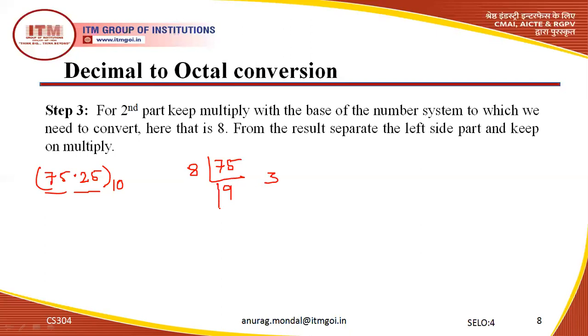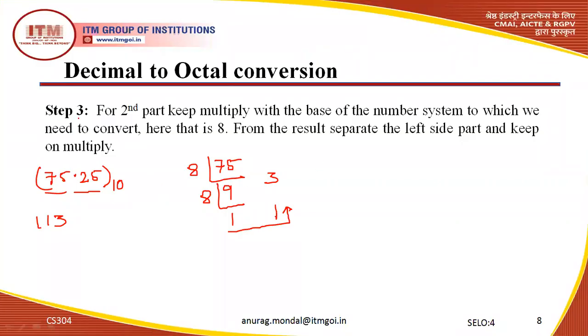So now again we have to divide by 8 because 9 is greater than the base. So we have 1, 1. Now the equivalent octal number of 75 is these remainders, and again in the same way we have to start from the bottom and go towards the top. So we have 1, 1 and 3.